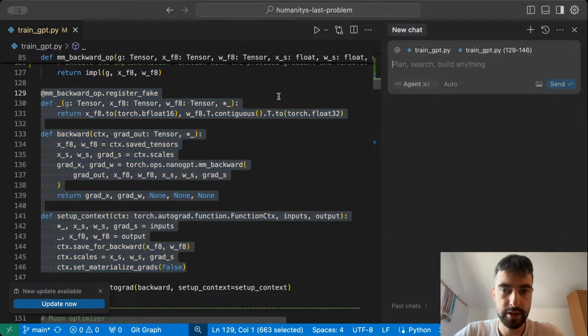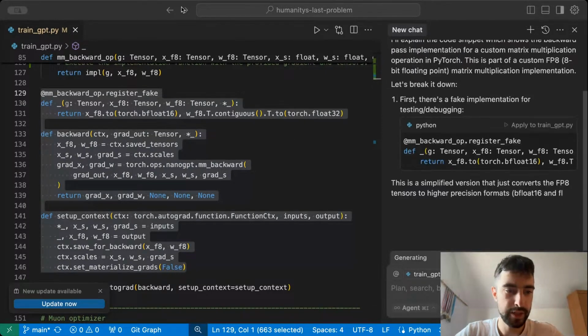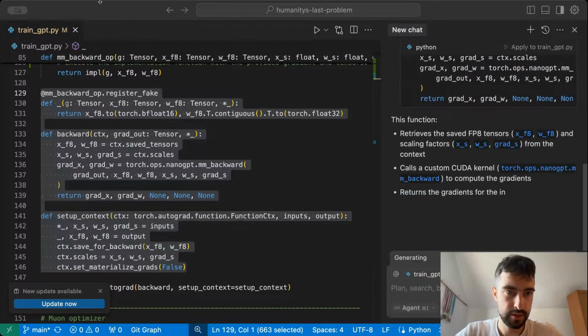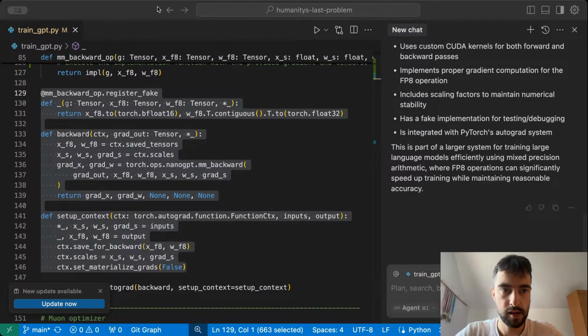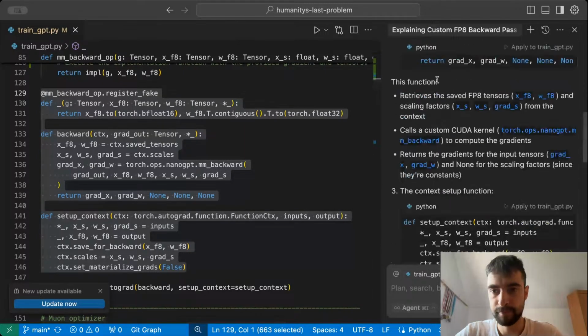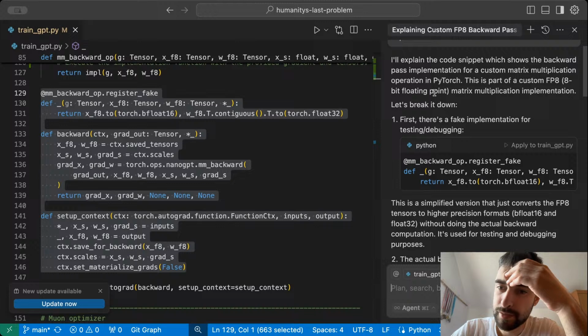I'm gonna do this. Explain this. While it's generating, okay, I'll explain the code snippet.